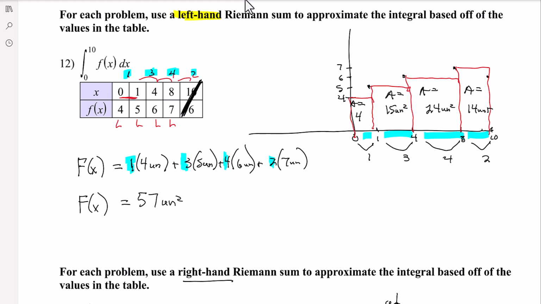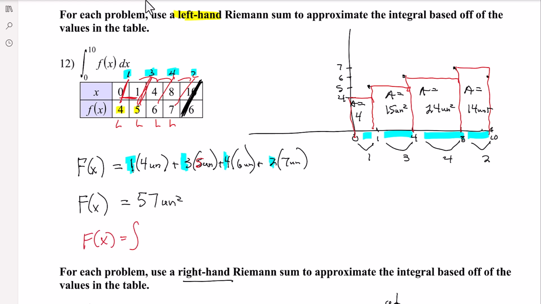So you take these heights and match them up. So 1 times 4, 3 times 5, that looks like an S, but that's a 5. 4 times 6, 2 times 7. And when you multiply each individual term, then add up the sum, you get roughly.